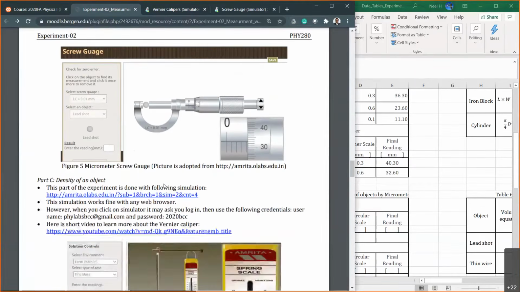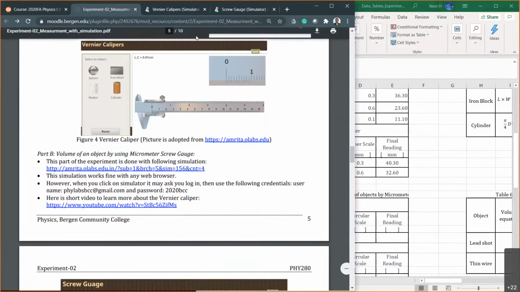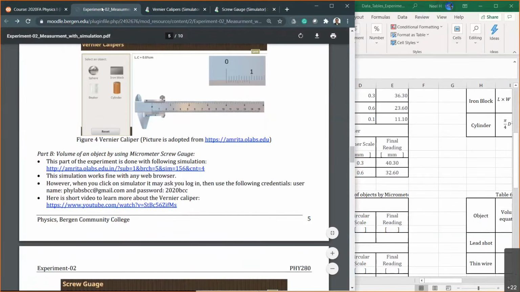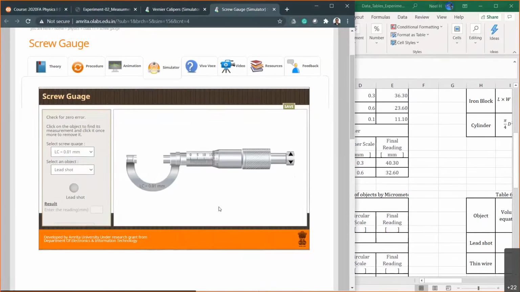Click on this link right here, micrometer screw gauge. If you click on that, you should get an object which is similar to this. Anybody have any difficulty accessing those web pages?